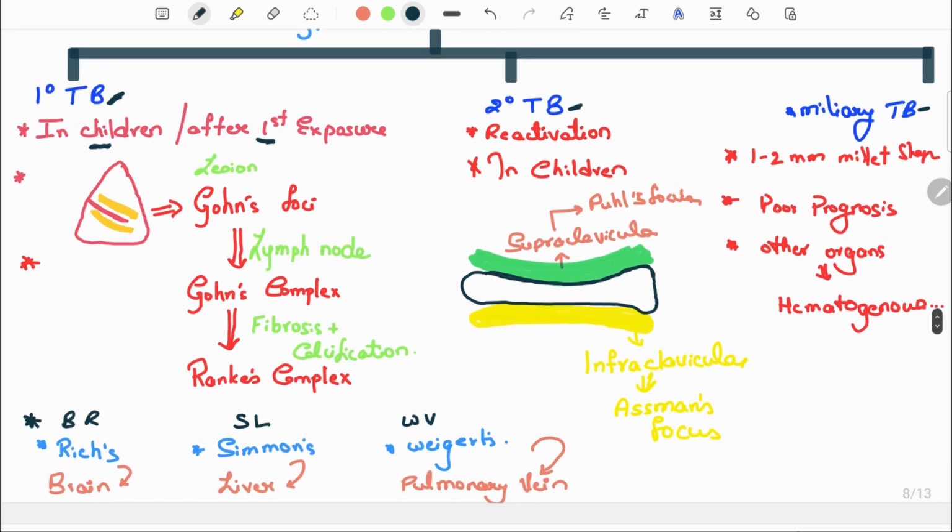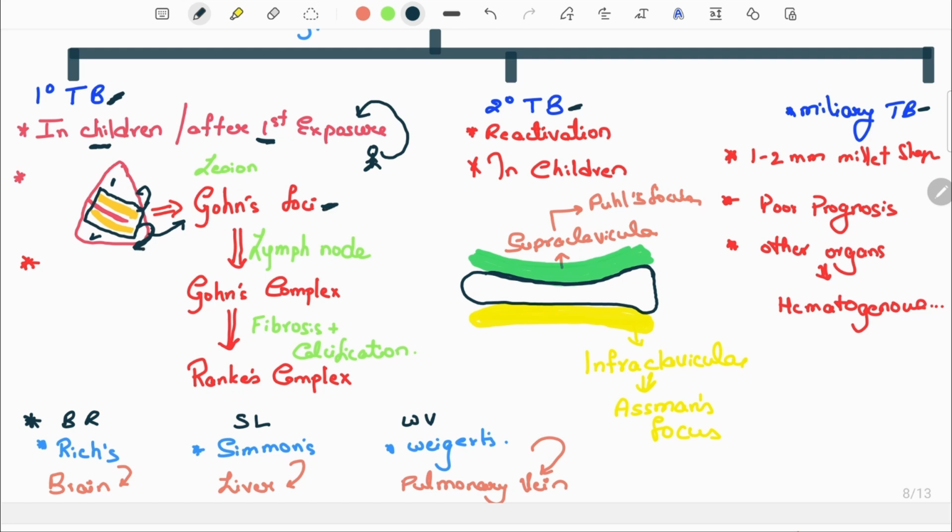Let's understand them one by one. There is a child, and for the first time he is exposed to Mycobacterium tuberculosis. It leads to primary tuberculosis. This is the lung, this is the upper lobe, and this is the second lobe. Mostly the lower part of the upper lobe and the upper part of the lower lobe, the middle part, gets affected in primary tuberculosis, hence this is called Ghon focus.